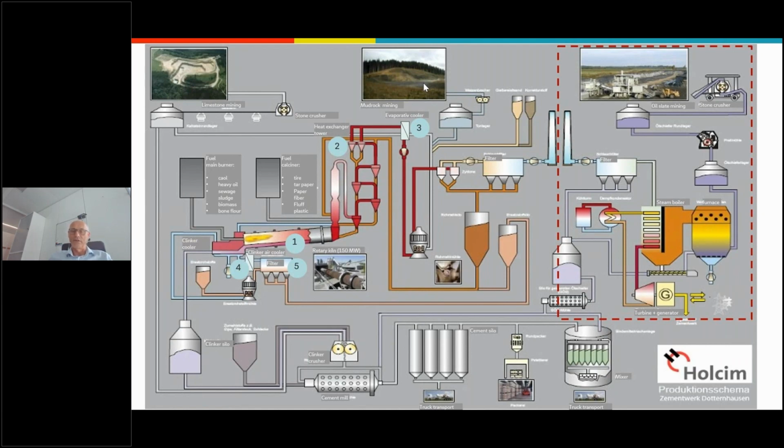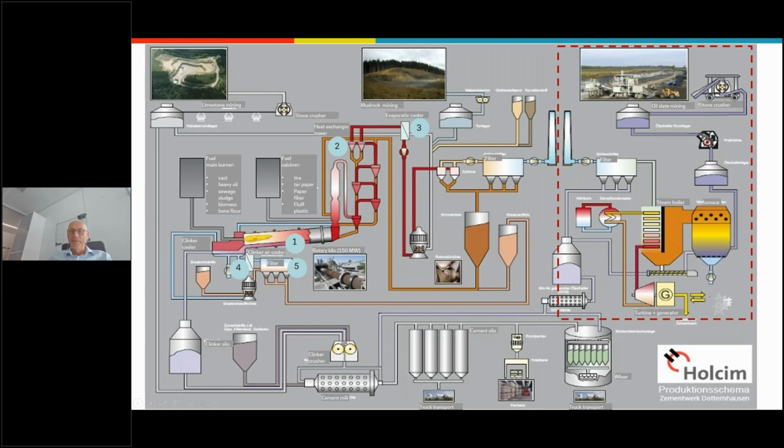But first the basic materials have to be crushed, here with stone crushers. They have to be dried, and then they are stored in big silos, and from these silos they come into the production.